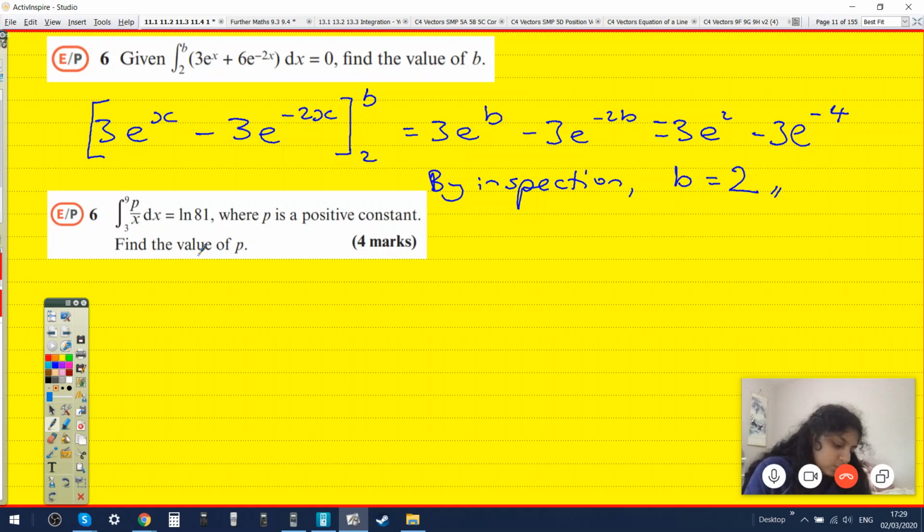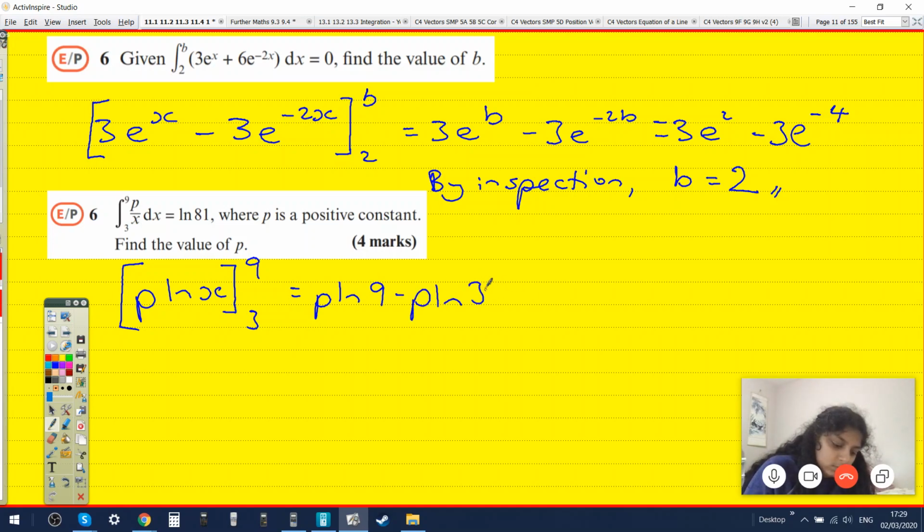So P over X would just be P ln X. And you integrate, I think. Mm-hmm. So then you would have P ln 9 minus P ln 3. So you could do P ln 9 over ln 3, which would give you P. I got P ln 3 is equal to ln 81.